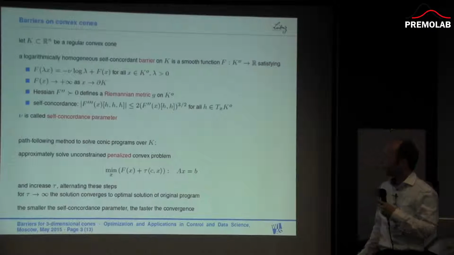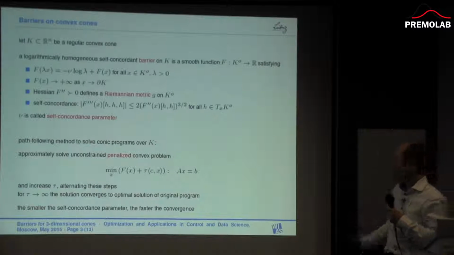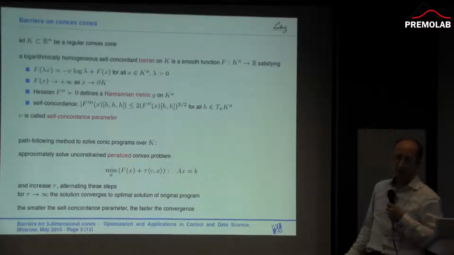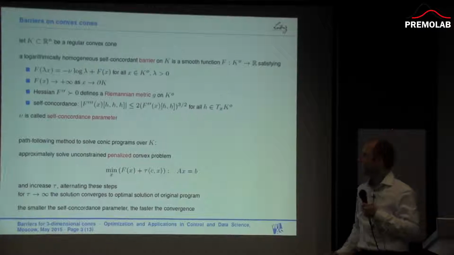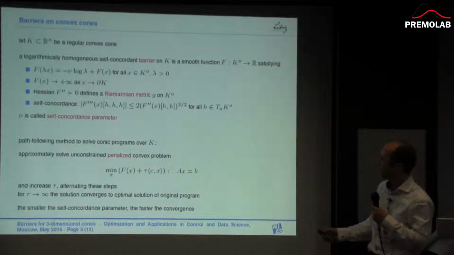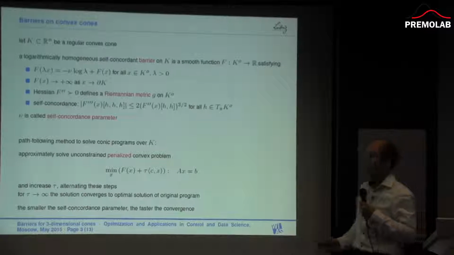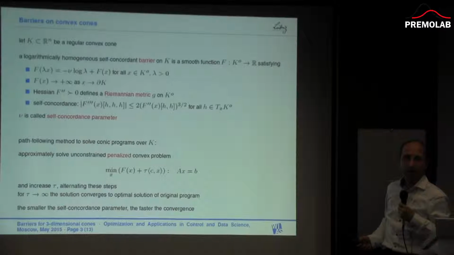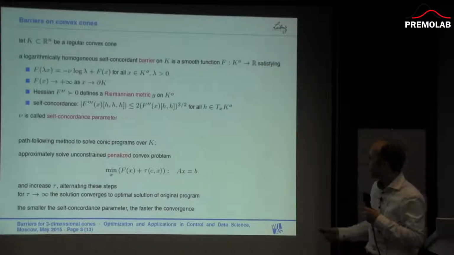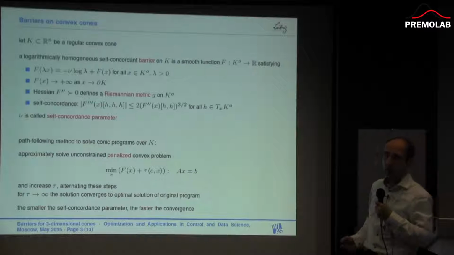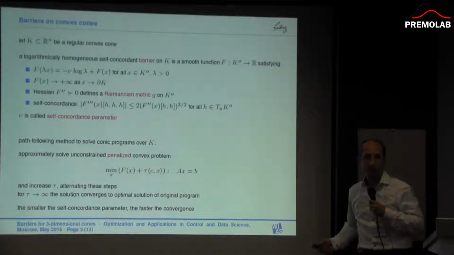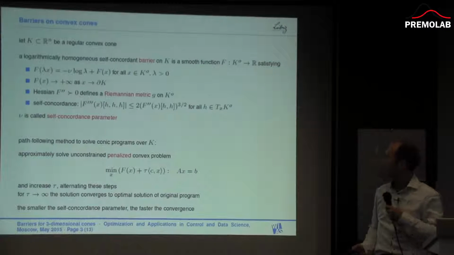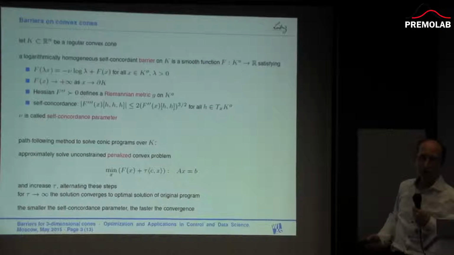So we see there are two objects that will be relevant for this talk. This is the second derivative of the barrier, which defines a Riemann metric on the interior of the cone. And it's the third derivative, which can be seen as a cubic, totally symmetric tensor, which is bounded in terms of the metric.